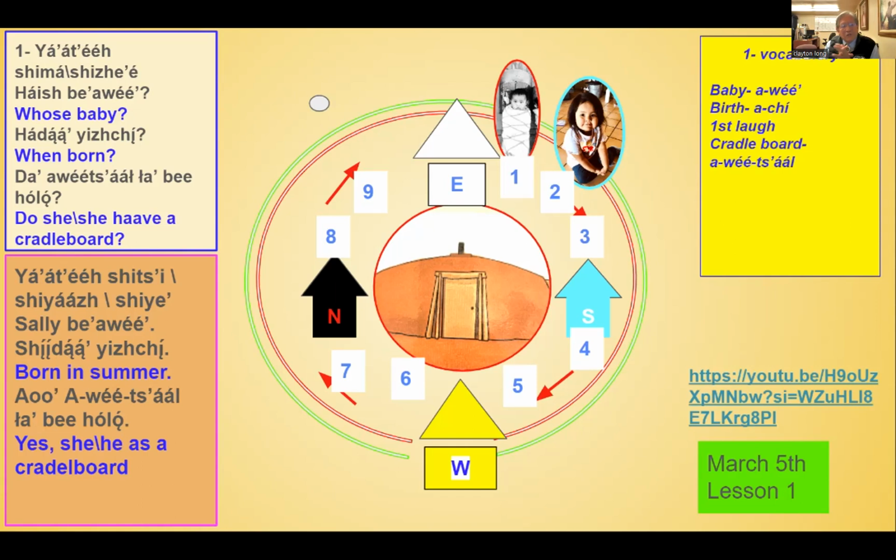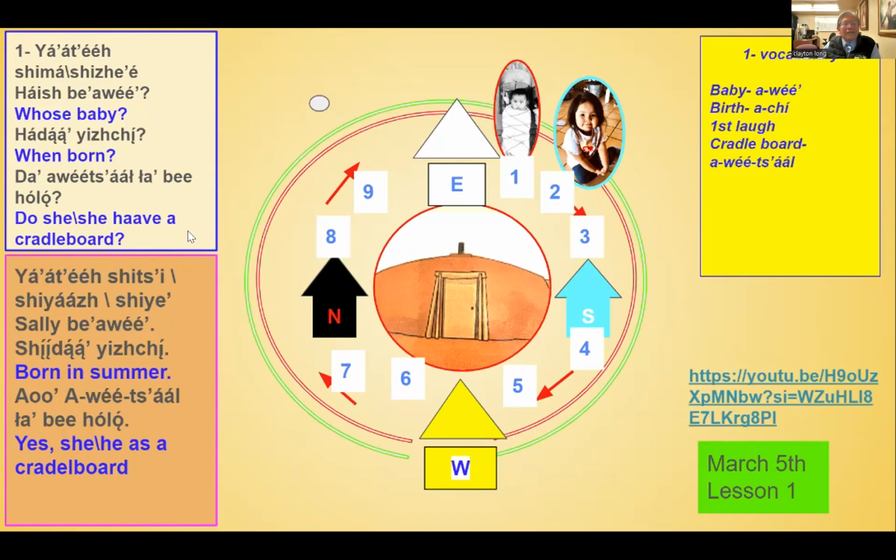So that's when she was born, with Shida. And then Awe Tzal is another word. Awe means baby. Tzal means the bedding. Awe Tzal. So there's two words put together. Awe Tzal becomes the baby's cradle. And so that became cradle.